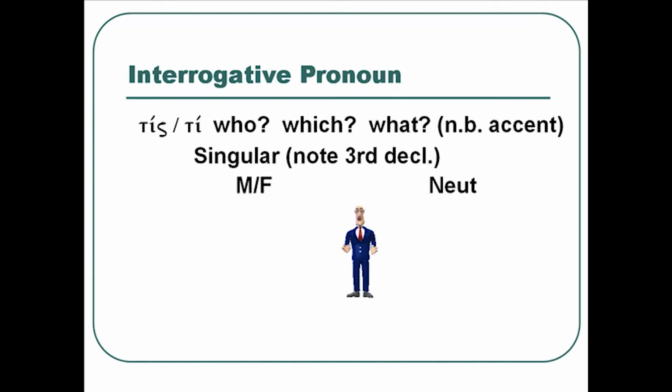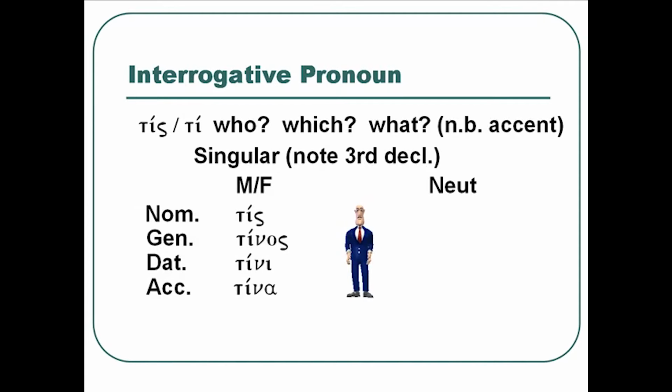Now the interrogative pronoun tis, ti, who, which, or what, note that there is an accent on this one, and here's a quick declension of this form. In the masculine feminine, the nominative is tis, genitive is tinos, dative is tini, and accusative is tina.